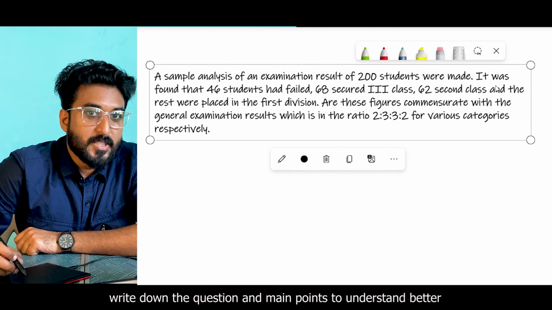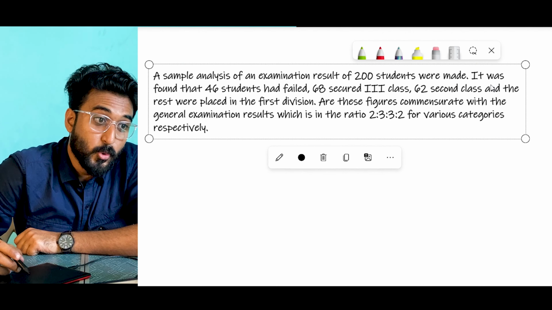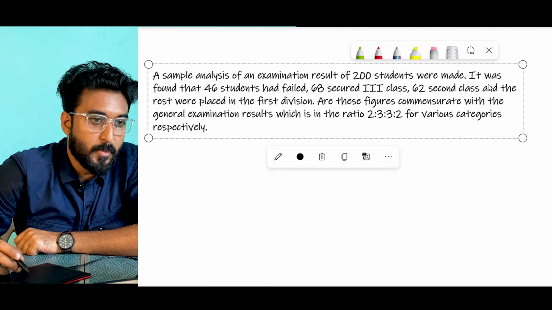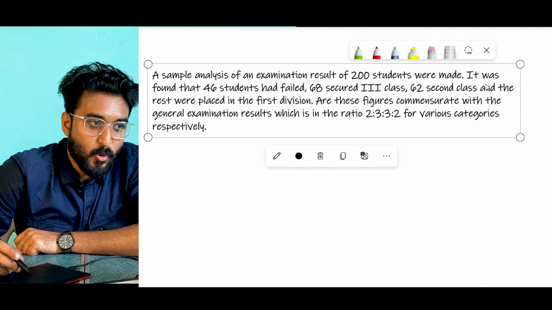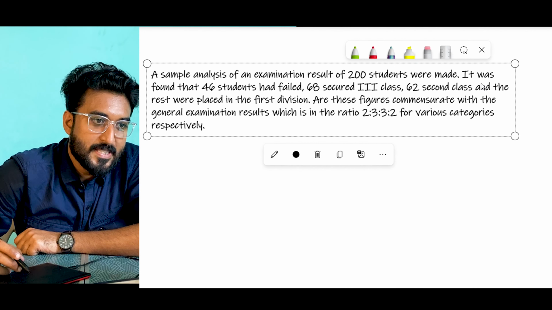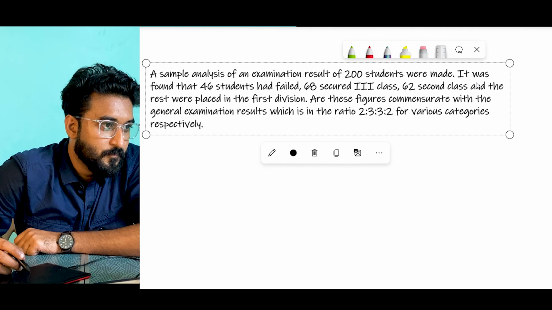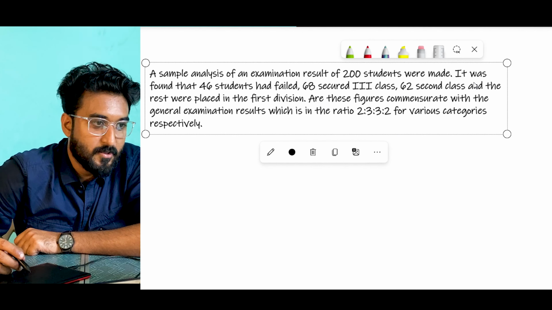Now we have a question. A sample analysis of the examination result of 200 students was made. It was found that 46 students had failed, 68 secured third class, 62 secured second class, and the rest were placed in first division, first class.